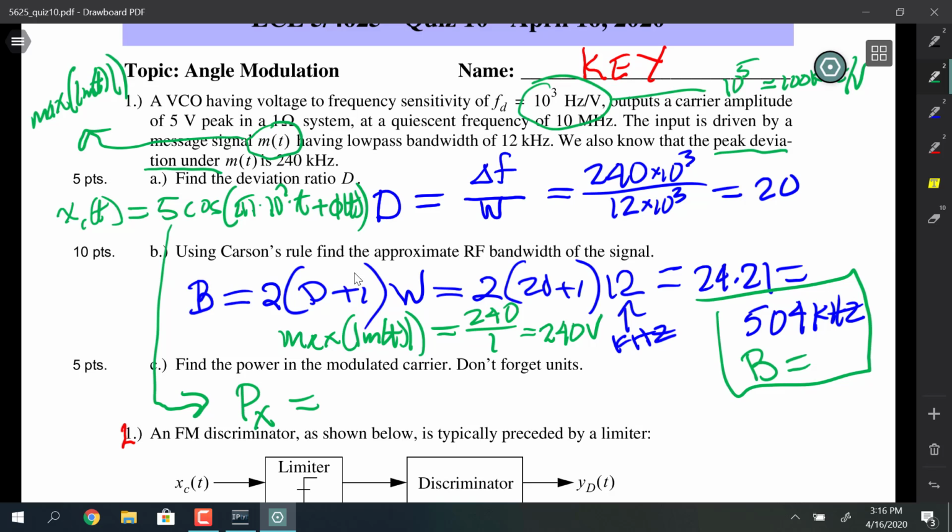Remember, the envelope of an FM or angle modulated signal is constant, so its amplitude is 5, and the power in a 1 ohm system is just going to be the amplitude squared over 2, right? So that would be 12.5 watts.